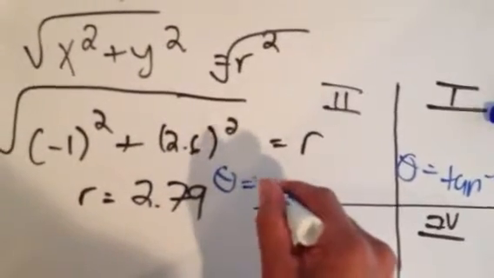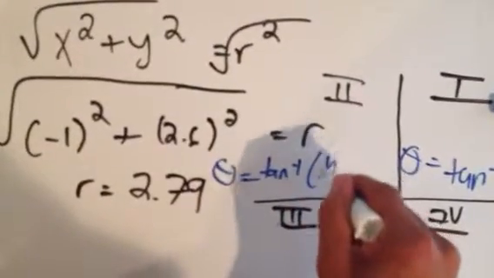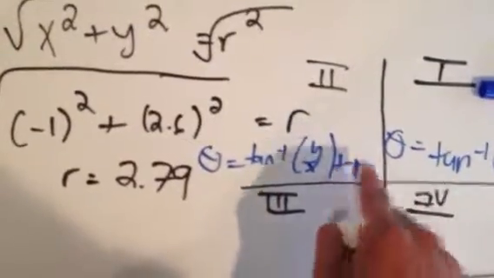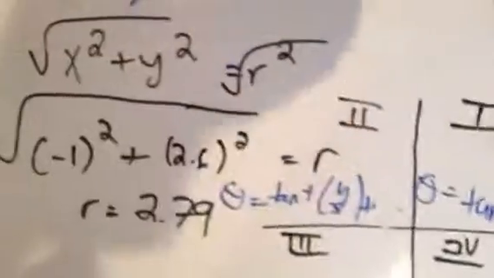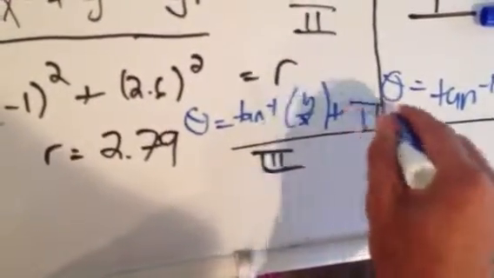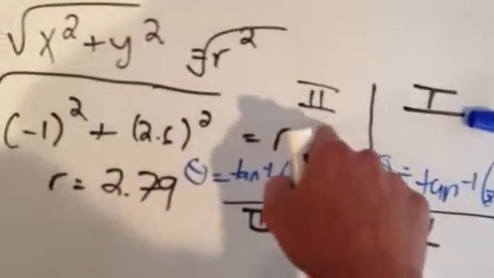Okay, not bad. Now, in the second quadrant, though, this is where we have to do something extra. We actually have to take the tan inverse of y over x plus pi. Let me write that again. So tan inverse plus pi is how you find theta in this quadrant.